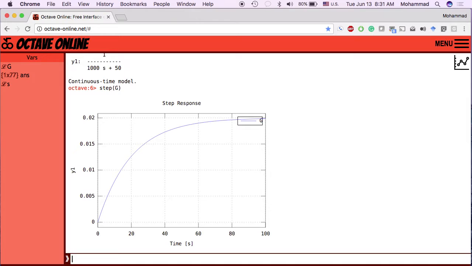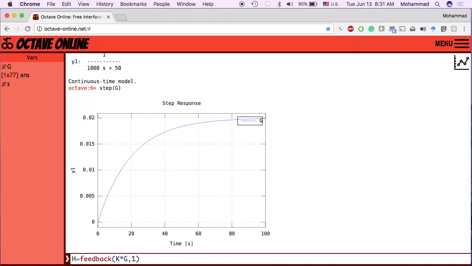And the way we are going to do it is by creating a feedback loop. So we are going to create a new system, call it H, which is going to be feedback of our K times G. And in the feedback loop, we have simply 1.